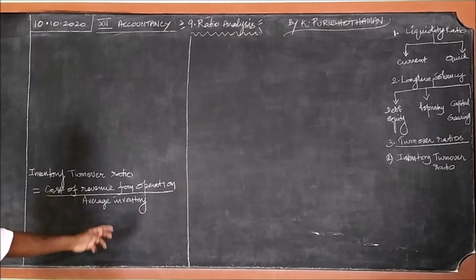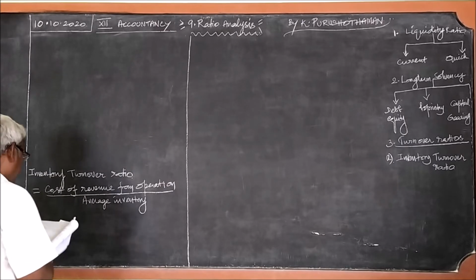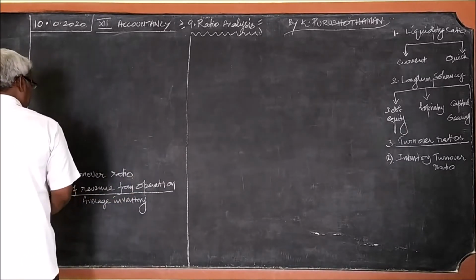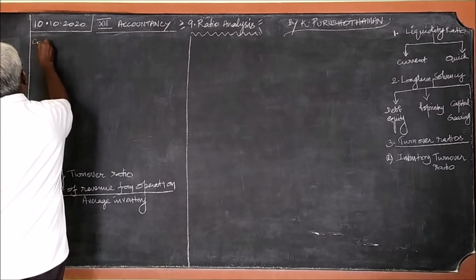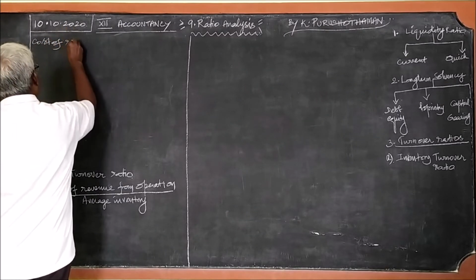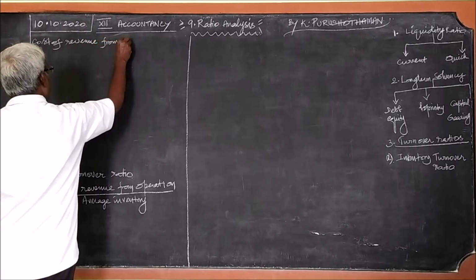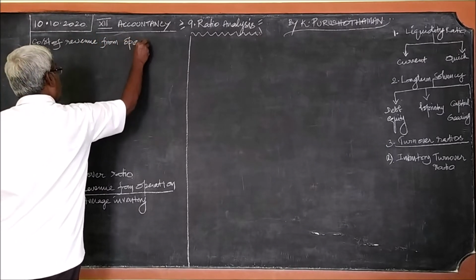Then what about the numerator? For this we shall find the cost of revenue from operation.